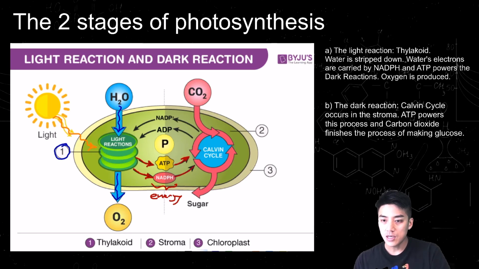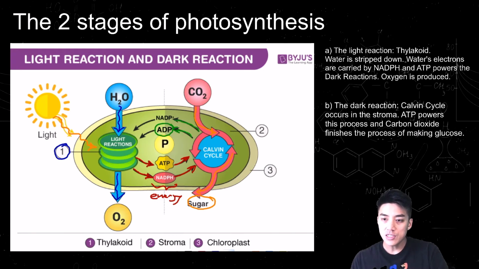Now, ATP and NADPH, which is carrying electrons, help change the CO2, the carbon dioxide that enters the dark reactions, into sugar. So the dark reactions are also known as the Calvin cycle. It's called dark reactions because this occurs without sunlight and it occurs inside the stroma.